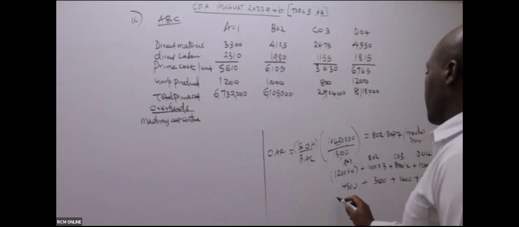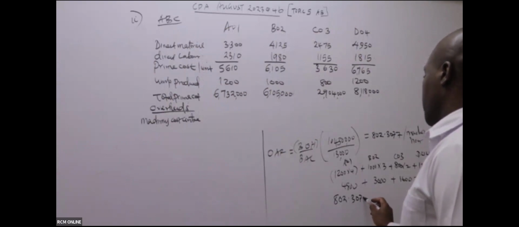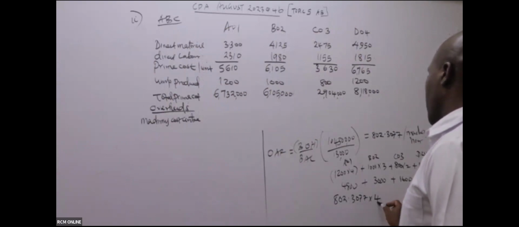Okay, let's take 802.3077 multiplied by 4,800.